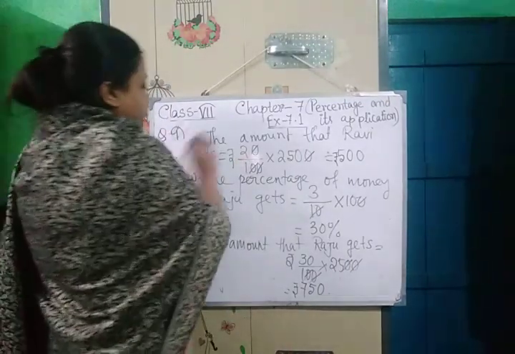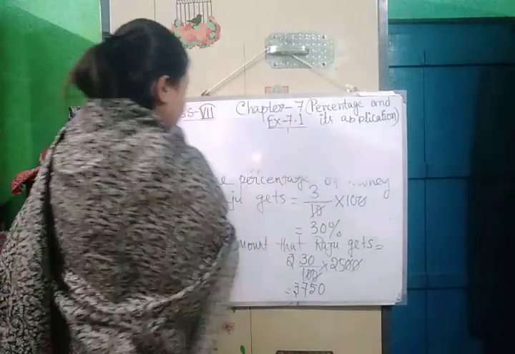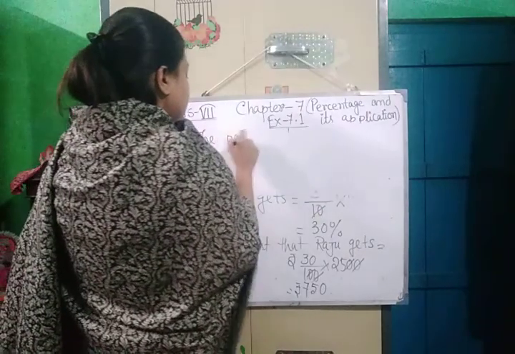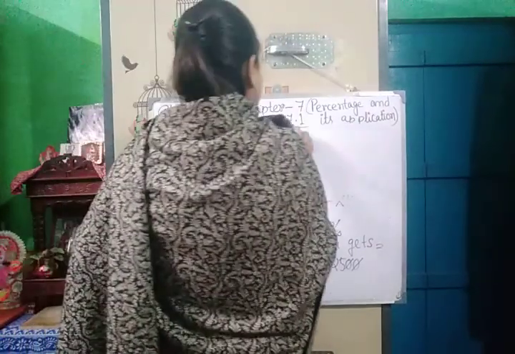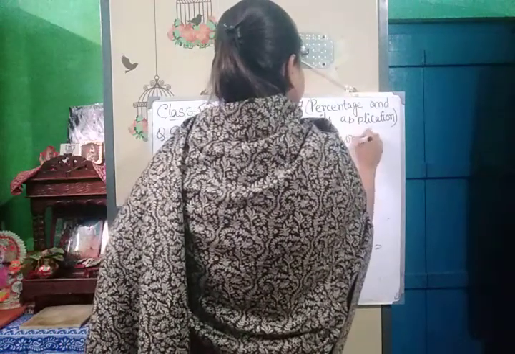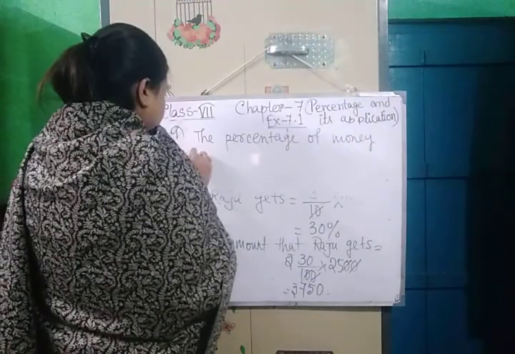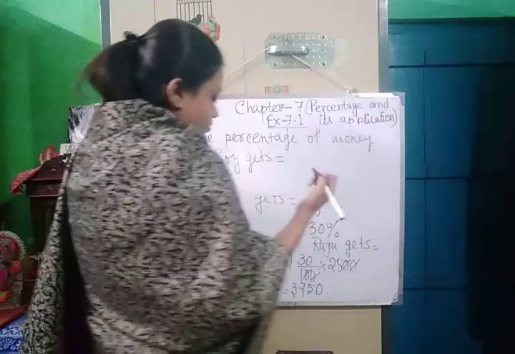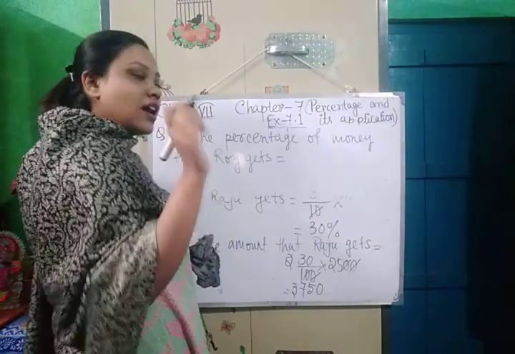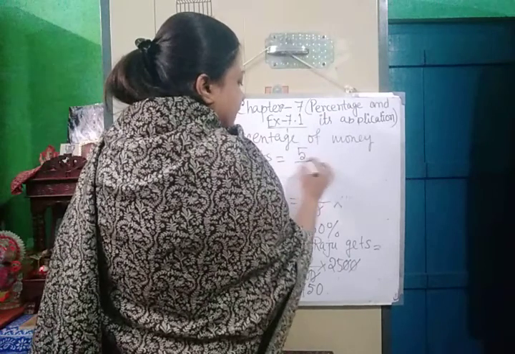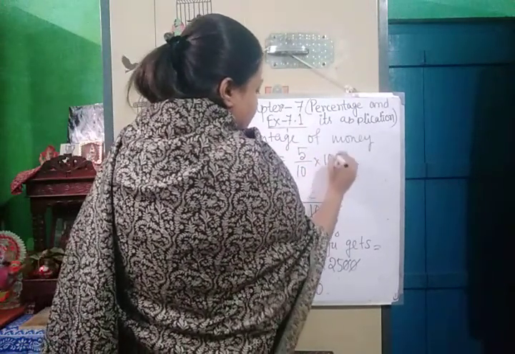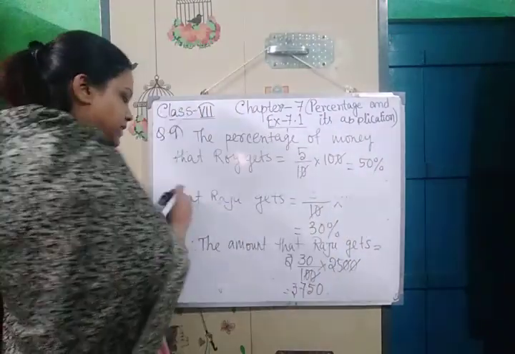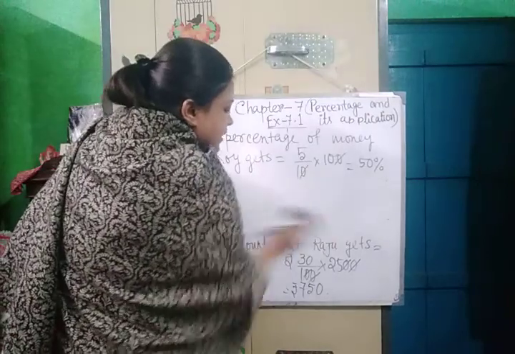Okay, now next one remaining is Roy. So the percentage of money that Roy gets is equal to, so he got 5 parts out of 10. So 5 by 10 into 100, that is 50%. So Roy's percentage is 50%. And what amount did he get?